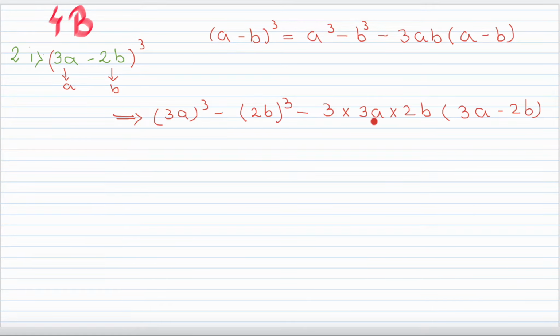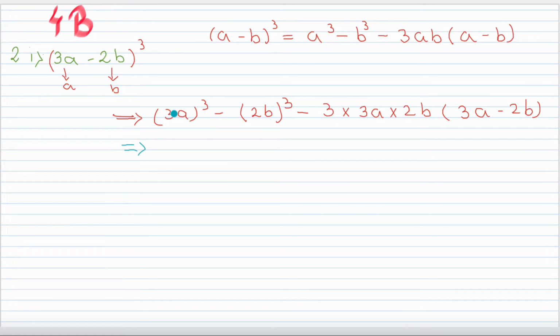So these are the expansions. Now we have to simplify this one. How will you simplify? Cube of 3, okay? So what is the cube of 3? 3 3s are 9, 9 3s are 27.